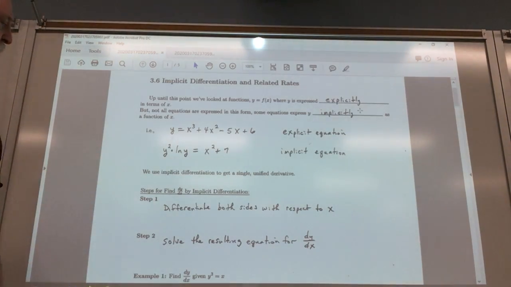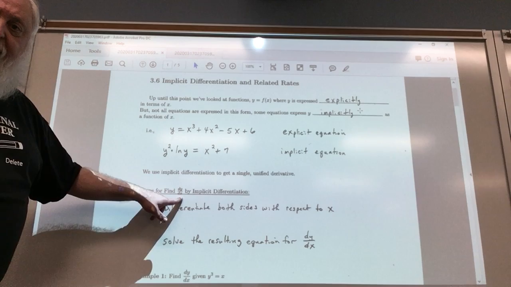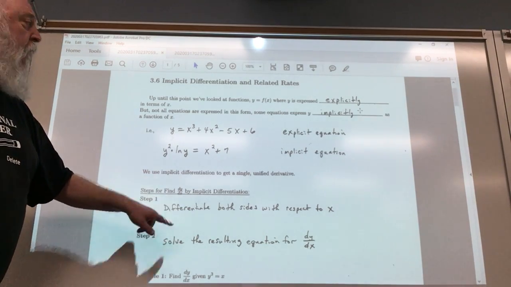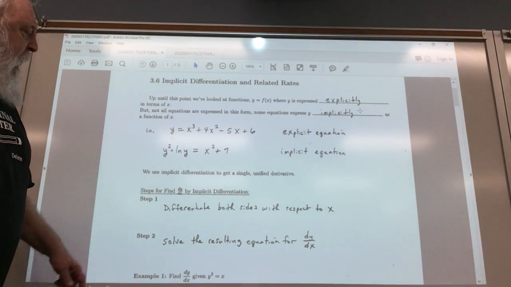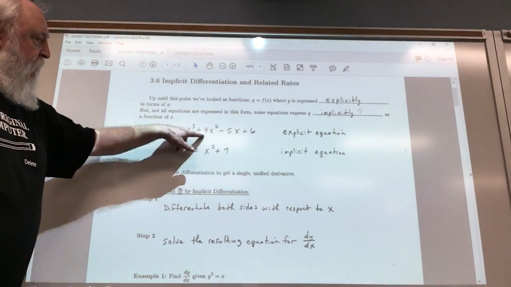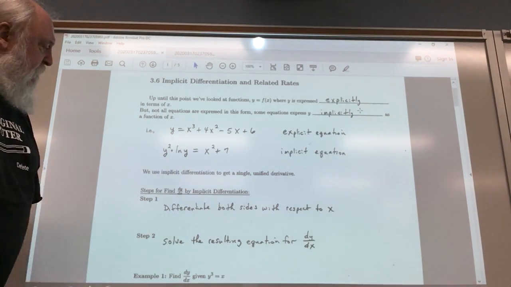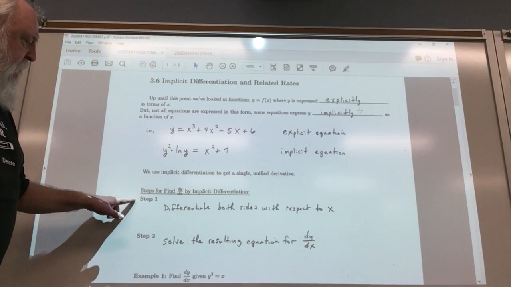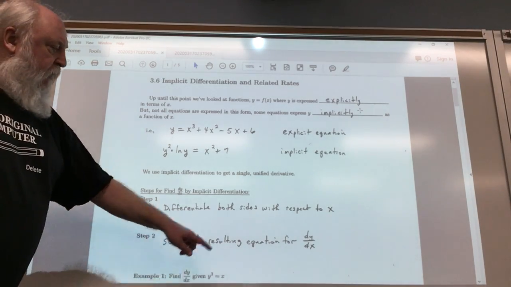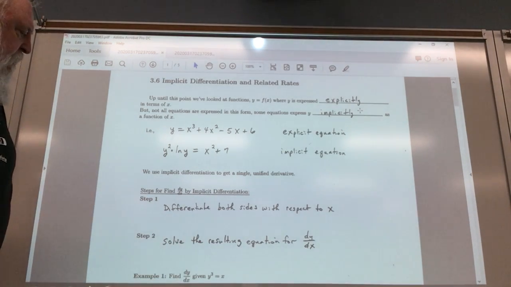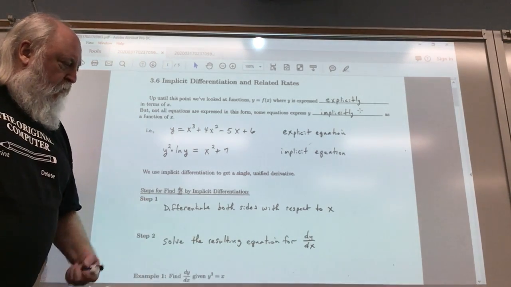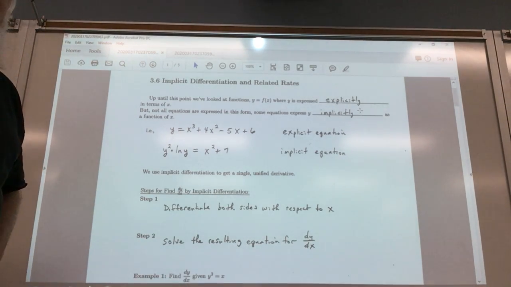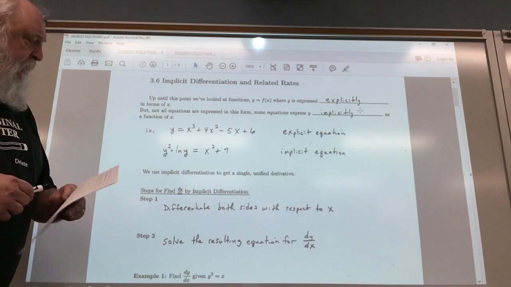So dy over dx means the derivative of y with respect to x. And how we find the derivative of an implicit equation like this: Step 1, differentiate both sides with respect to x, and then we solve the resulting equation for dy over dx, the derivative of y with respect to x.